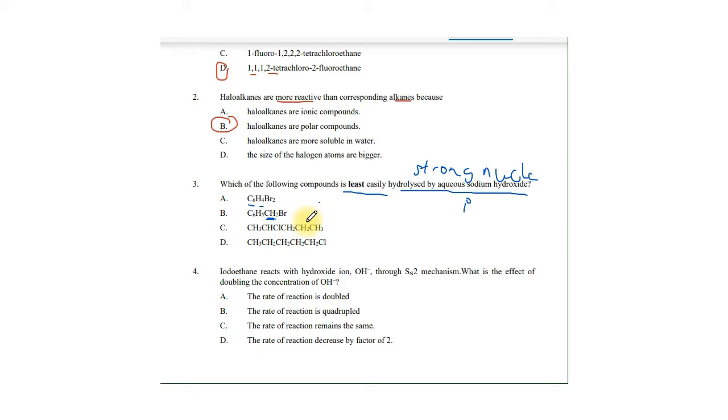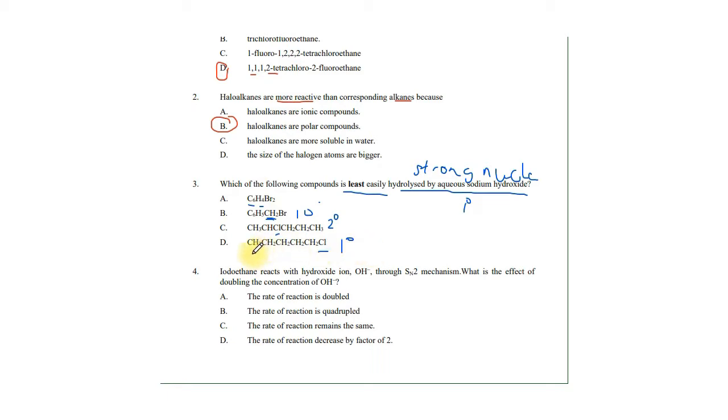This one is attached to the benzene ring, so it will affect it as well. C is a secondary haloalkane, and D is a primary haloalkane. A cannot be classified because it is not attached to an sp3 carbon; the 2 bromine are attached to the benzene ring. So prefer primary, meaning D is the easiest one.